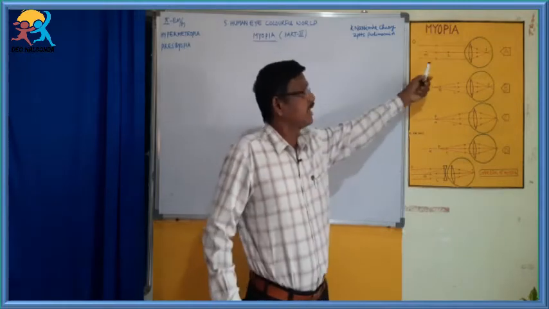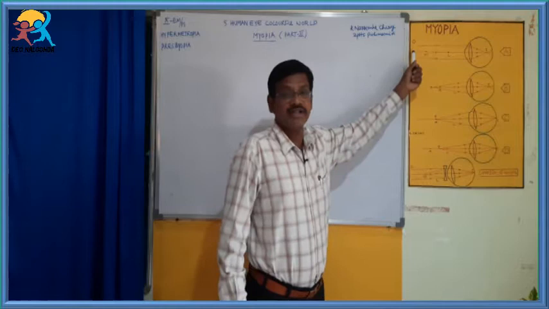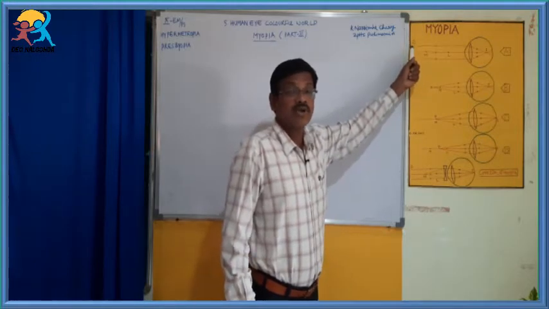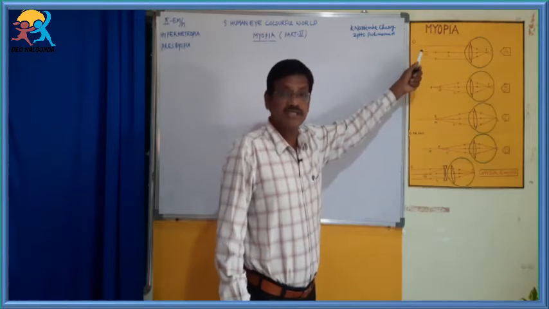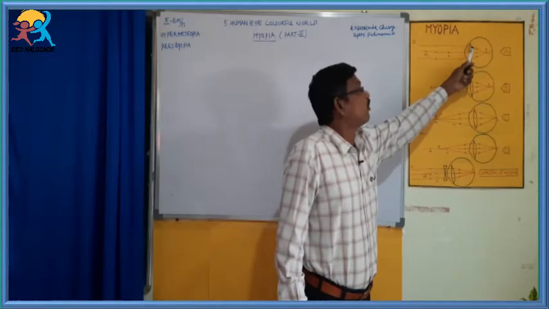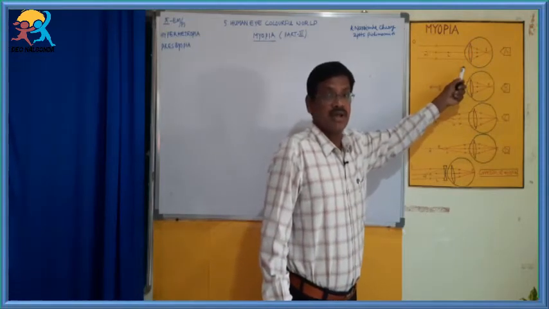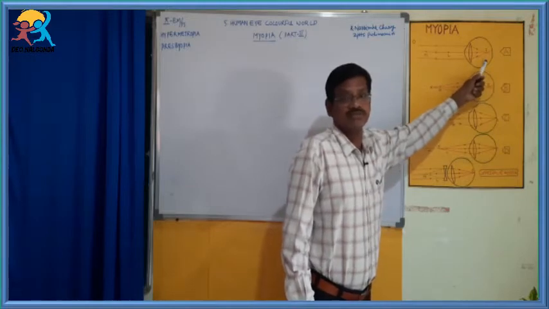See figure A. The object is at infinity. Rays coming from long distances, when the object is kept at infinite distance, fall on the eye lens and meet before the retina to form the image.